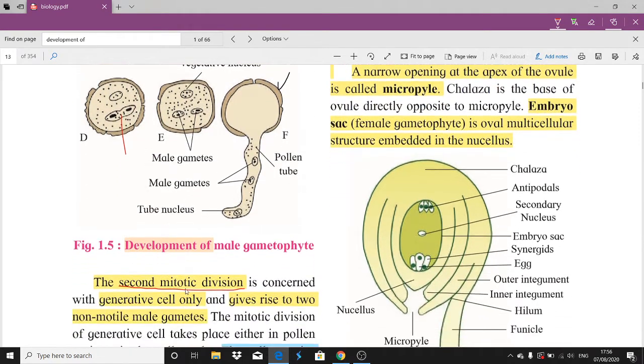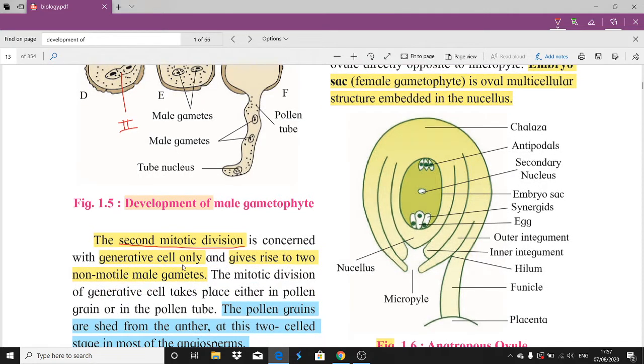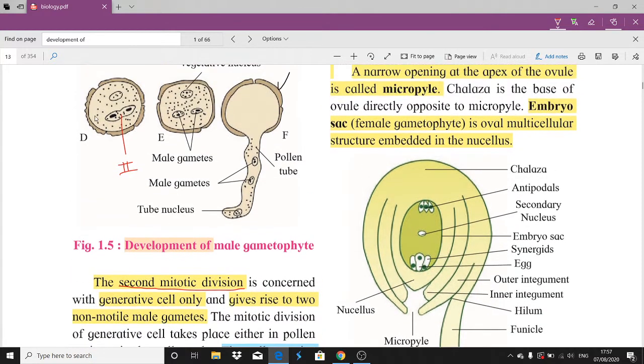So here we are talking about the second mitotic division. In diagram D, we are talking about the second mitotic division of the generative cell only, and after this division, there is formation of two non-motile male gametes.